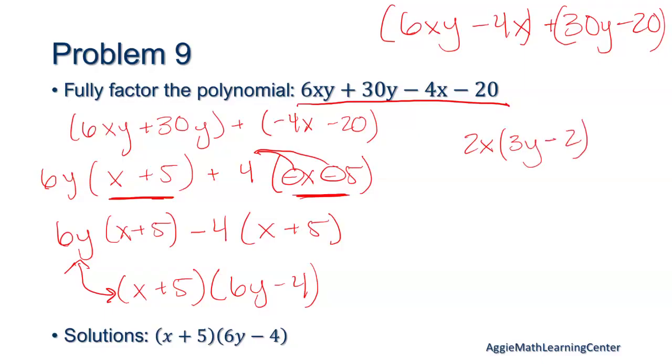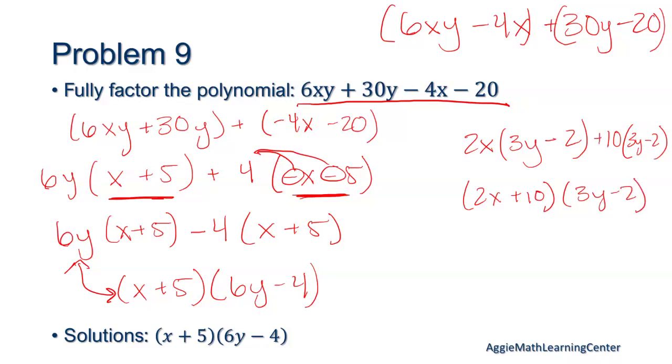Does that feel good? Okay, what about that second grouping? What could we pull out of there? A 10. Yeah. So I'm going to do plus 10. And it's going to leave us with what? 3y minus 2. Okay, so then it's plus 10, 3y minus 2.